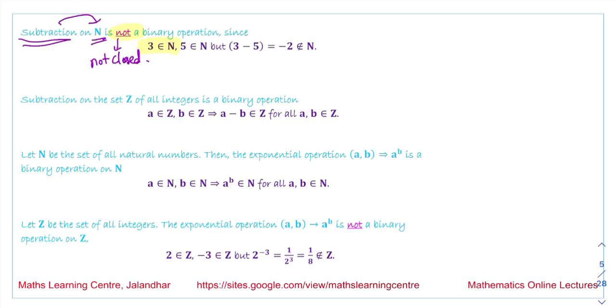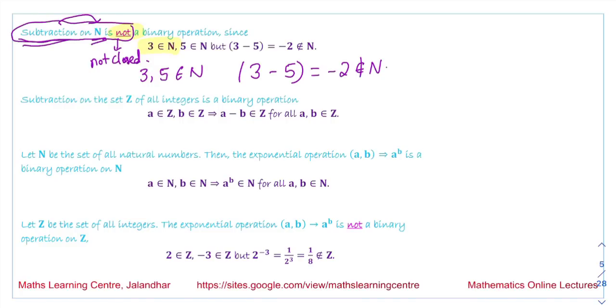The numbers we are choosing are 3 and 5, which belong to N. But 3 minus 5 is equal to minus 2, which does not belong to N. So we are saying subtraction is not closed on natural numbers, or that subtraction is not a binary operation on the set of natural numbers.